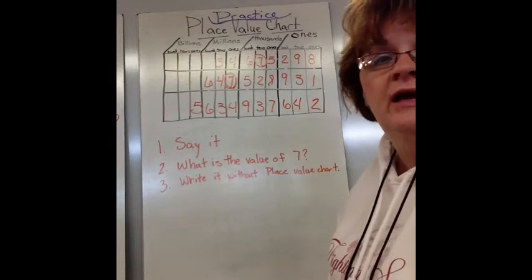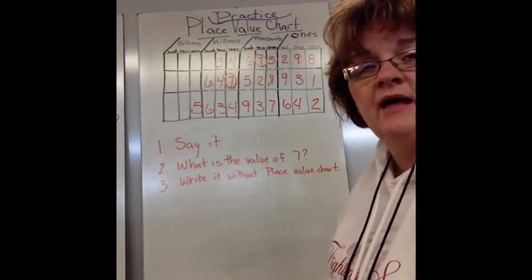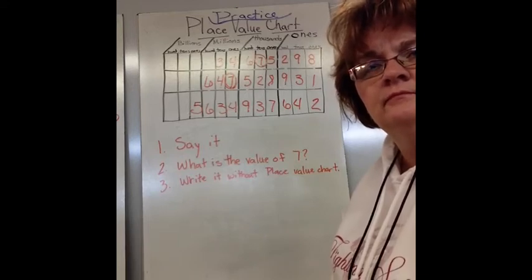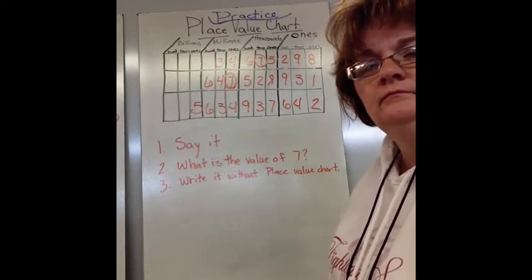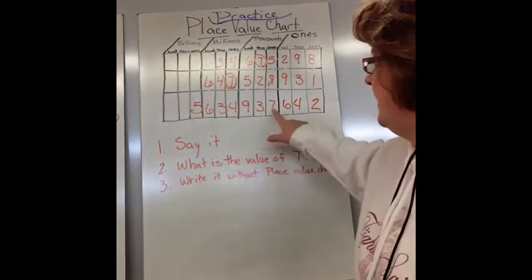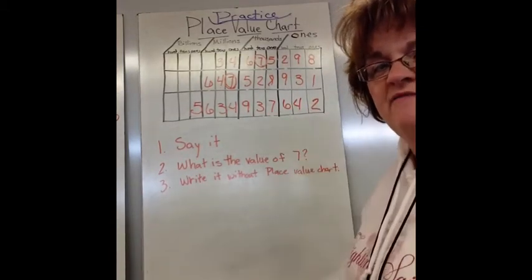Very large number. Now I'd like you to say it out loud. Practice it and see if you can get it right. And then tell me, what do you think that 7 right there is worth? What is the value of the 7?